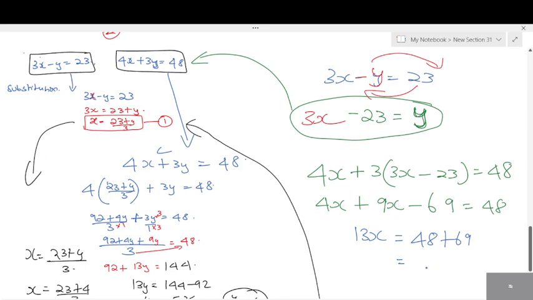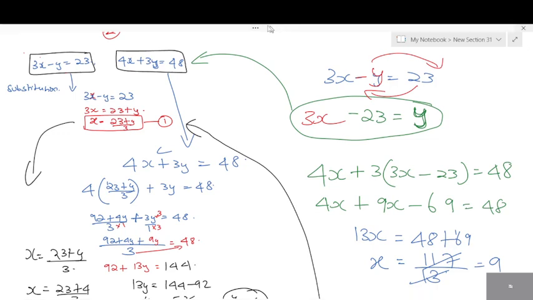Yes, be quick, correct. 13x is equal to 48 plus 69. Then x is equal to, this 13 will get divided. 48 plus 69, I'll do this calculation: 9 plus 8 is 17, 1 plus 4 plus 6 is 11, so 117. So 117 divided by 13, if you cancel this, x is equal to 9.